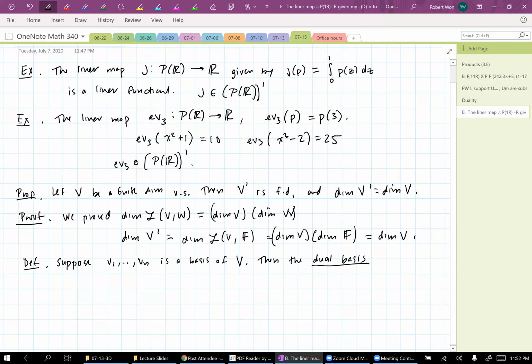So this basis will be a basis of the dual space, but it is related to these v's. So you start with a basis for V, you will obtain a dual basis for V dual. So the dual basis is the list, I'm going to call them phi 1 up through phi n, of elements in V prime. How are they defined?